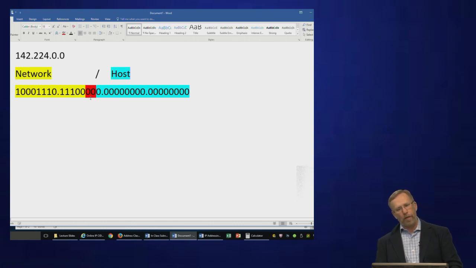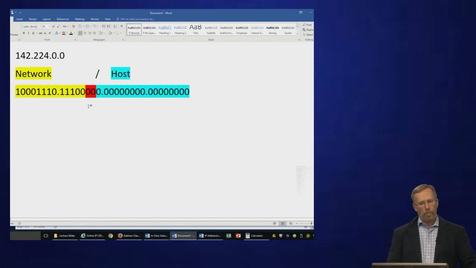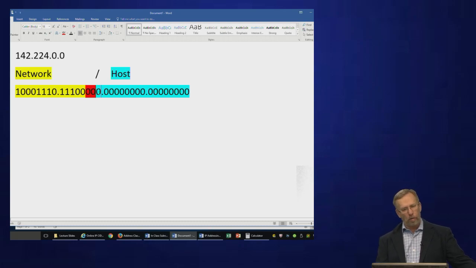So those are my subnetting bits. I have to figure out with 17 bits what this number is. Well, this number, if I made it all ones, is going to be 255. And this number, if I made it all ones, is going to be 255.